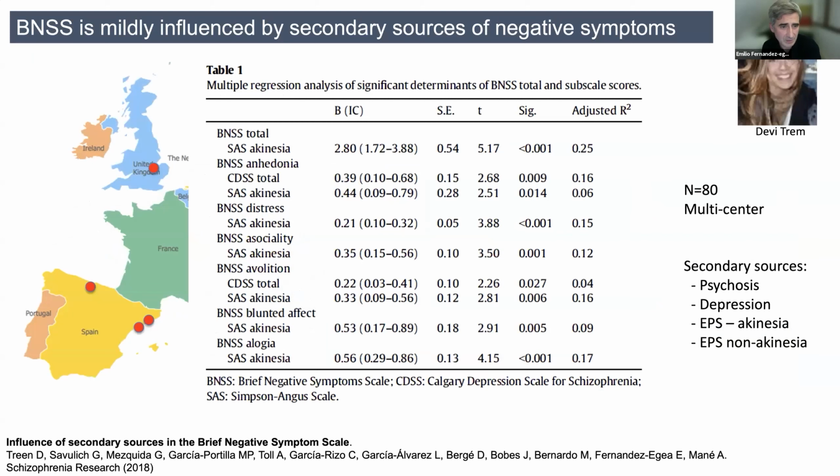We did some studies showing that actually 10-15% even of the novel scales, like the BNSS, can be explained not by negative symptoms, but by other factors, like the antipsychotic effect on the emotional expression, or the sedation, or the depression.